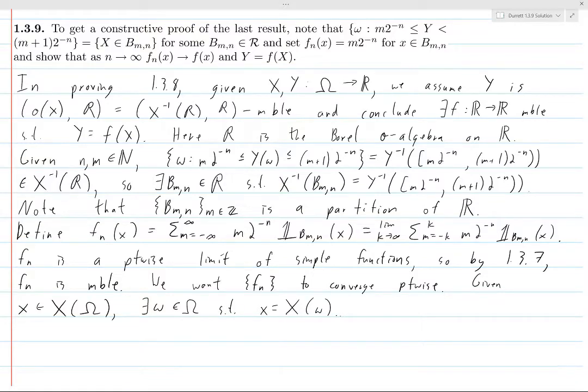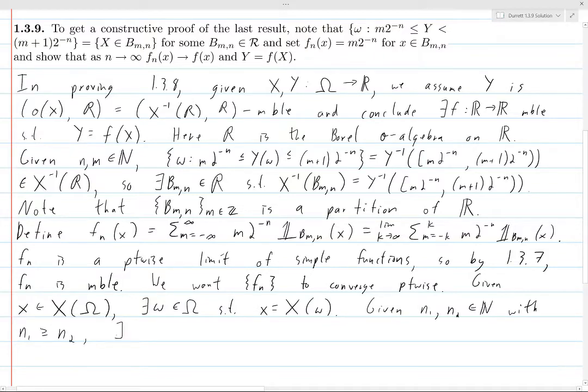Okay, so now if we have n1 and n2, we'll assume without loss of generality that n1 is greater than or equal to n2. If n2 is the bigger one, you just flip the names.